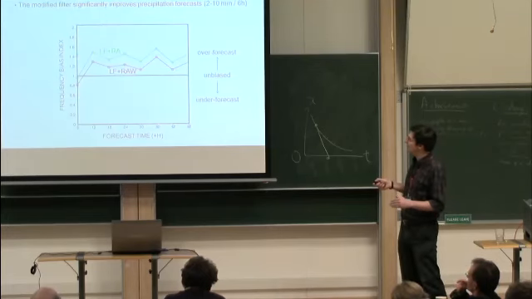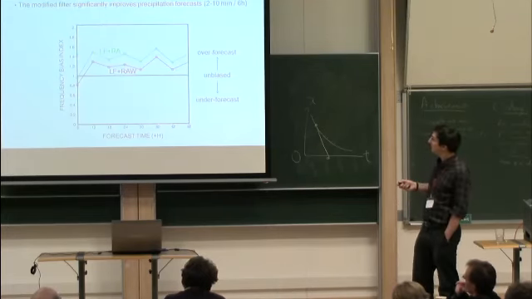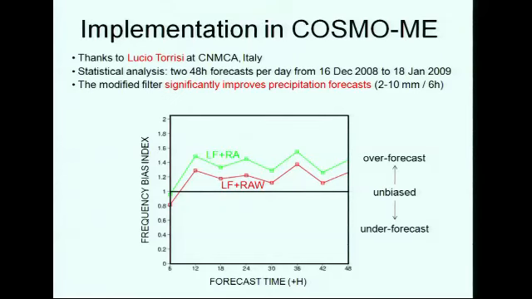So it's a frequency bias index. It should be 1 for a perfect model, of course. But it's about 1.4 or 1.5 with the Robert-Asselin filter. So precipitation events in this interval are over forecast in this model, but that bias is again partially relieved by using this modified time-stepping scheme.